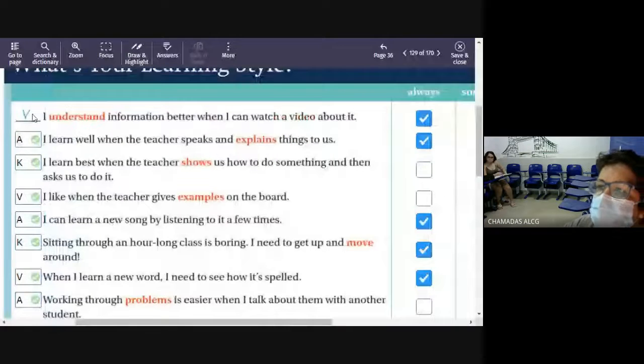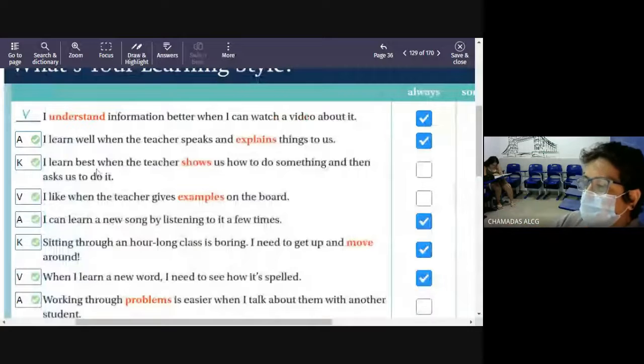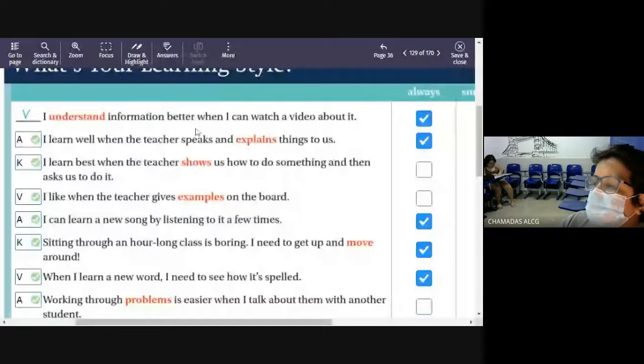Letter V stands for visual, okay? So if this is true for you, this information here relates to visual learners, okay? When it's important for you to watch a video so you can understand information better, then it shows you are visual, okay?